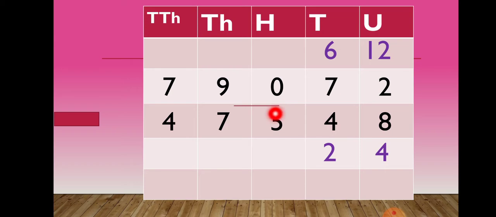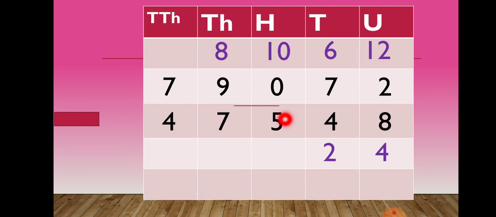Do you subtract 5 hundreds from 0 hundred? No. So what do you do? Take a borrow from the 1000 place. 1000 means how many hundred? 10 hundred. So write down here 10 hundred, and here remainder 8000.